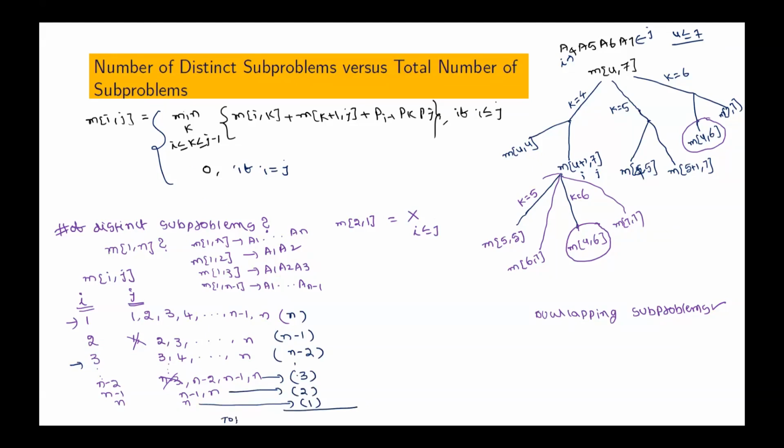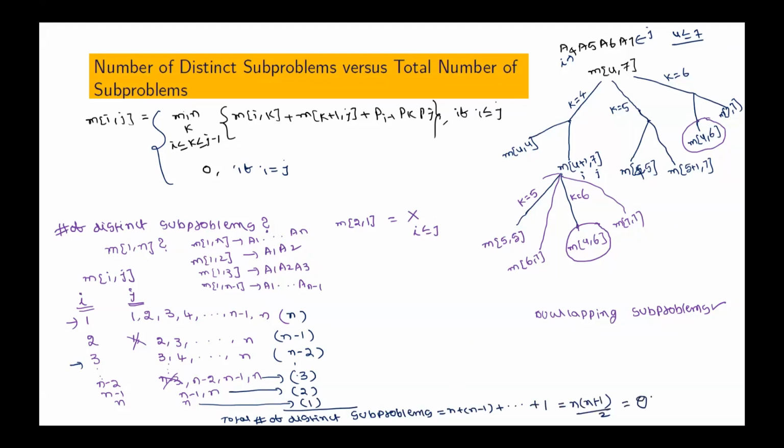Sigma n. What is the total number of distinct subproblems? n plus n minus 1 plus n minus 2 plus, down to 3 plus 2 plus 1, which is nothing but n into n plus 1 by 2.